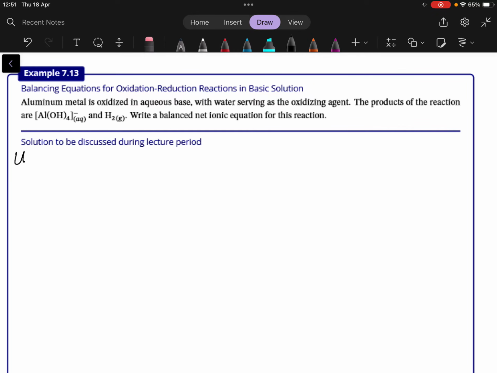So let's start with an unbalanced equation, which is, we're told, solid aluminium metal, in other words solid aluminium, is oxidized by water. It says water serving as the oxidizing agent. That will be a liquid to form this complex.